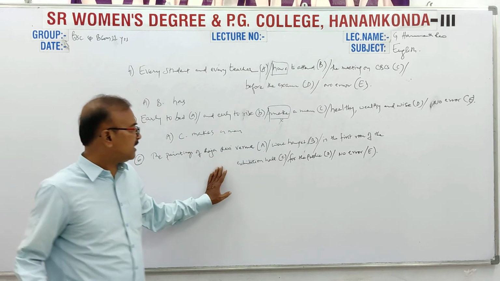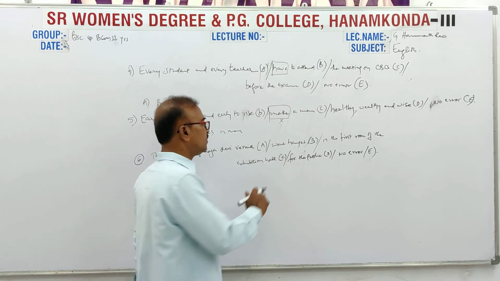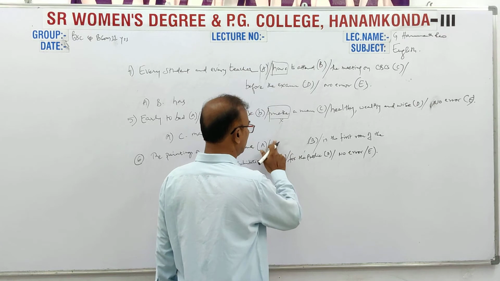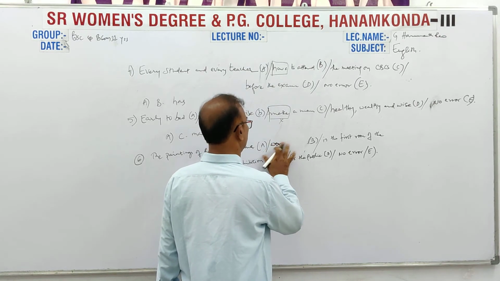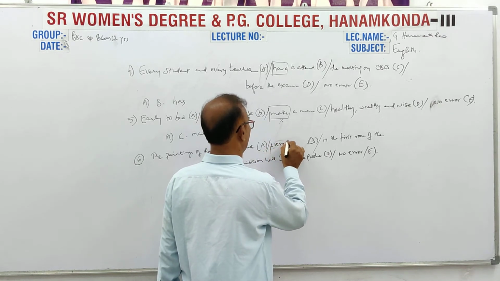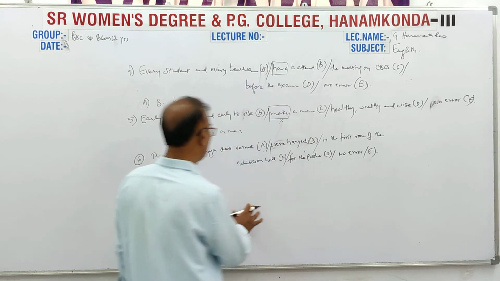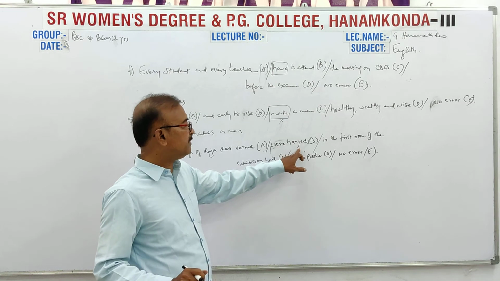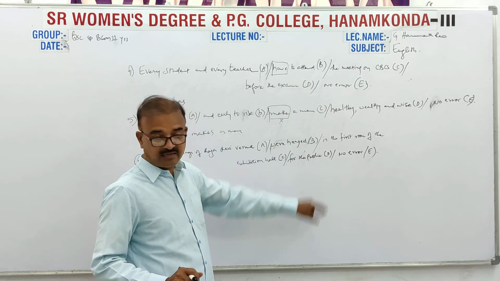The paintings of Raja Ravi Verma, part A, were hanged. Let me put them in the right way so that you will not have any confusion. Were hanged is part B, in the first room of the exhibition hall is part C, for the public is part D.